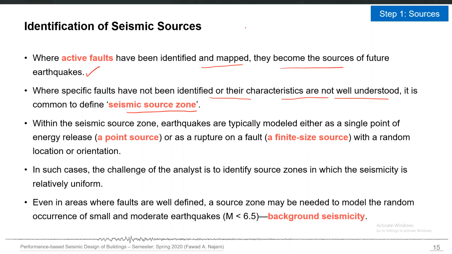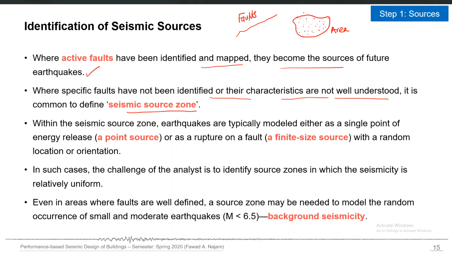So the seismic sources can be, for example, faults, and they can also be area sources. An area source is an area where you know already that seismic activity exists because historical data show us a cluster of earthquakes in that area. But the causing faults or the actual seismic sources are not well characterized or not well understood.